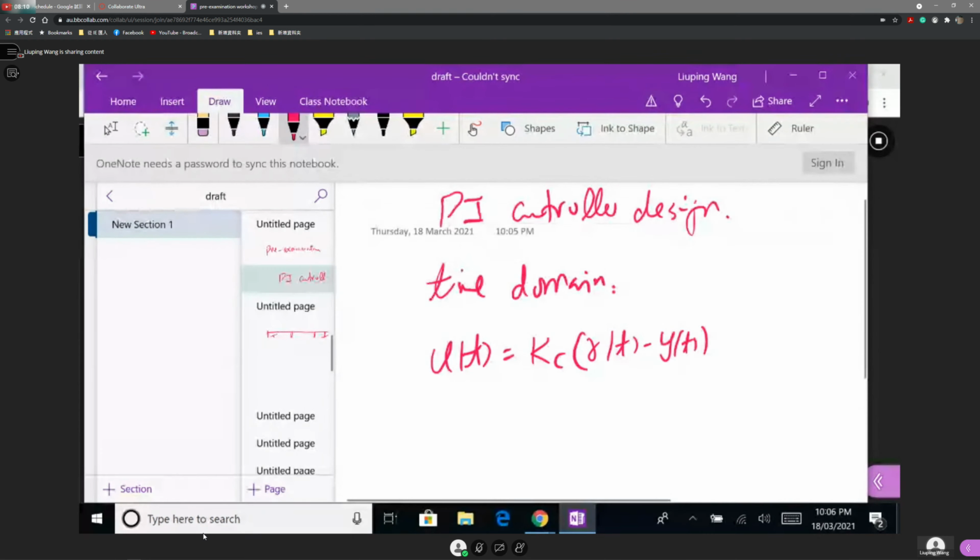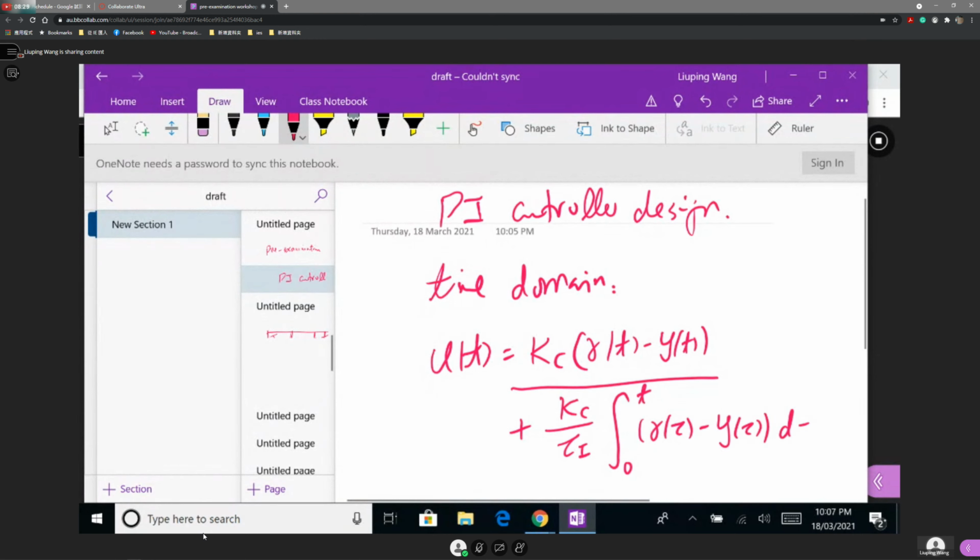That's the proportional part, plus the integral: kc over tau I, integral from 0 to t of r of tau minus y of tau, d tau. So this is the PI controller in the time domain.